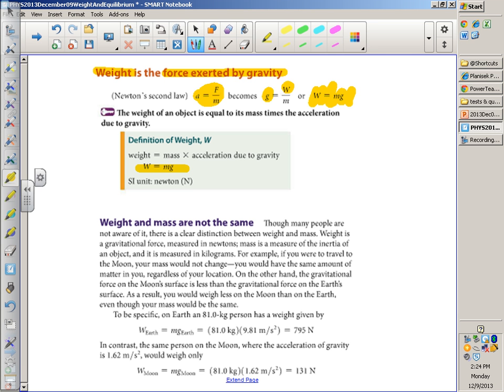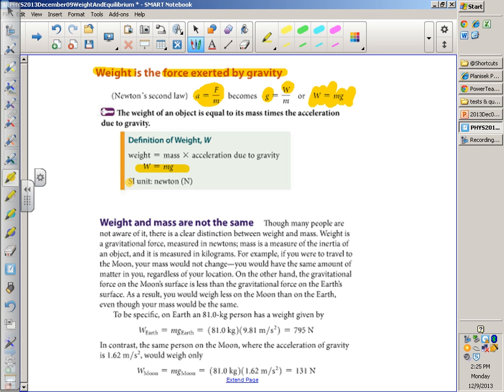This is how we calculate the force that gravity is acting on an object. We take that object's mass and multiply it by the acceleration due to gravity. So the weight of an object is equal to m times g, its mass times the acceleration of gravity. Mass in kilograms, right?